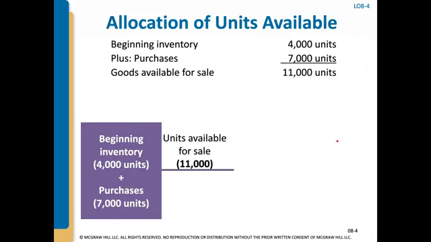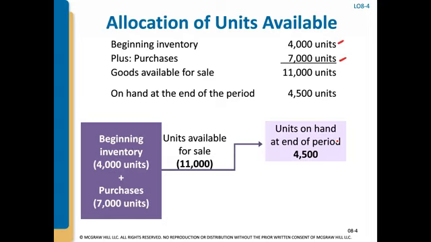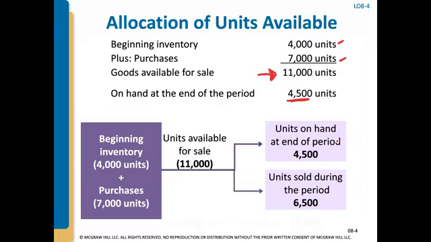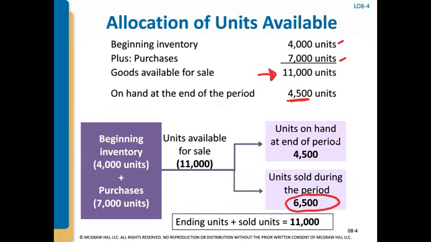So what the problem tells us is that our beginning inventory is 4,000 units. We acquired another 7,000, so we had 11,000 units available for sale. And then it tells us that at the end of the year, we still had 4,500 units remaining in inventory, which means that we sold 6,500 units during the year.